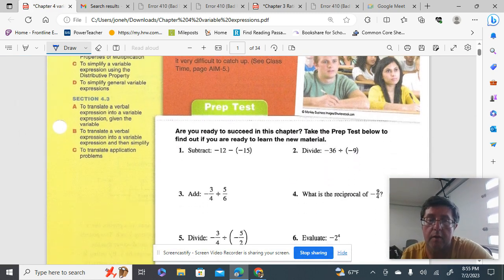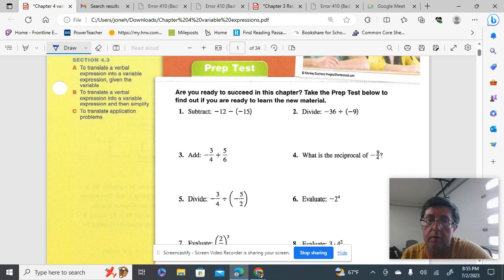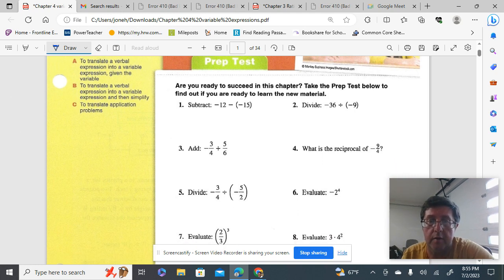Okay, so let's go down to prep for the test. Subtract negative 12 minus negative 15. So those both become pluses, but I don't care because you guys use your calculator. You guys should be able to do all this.